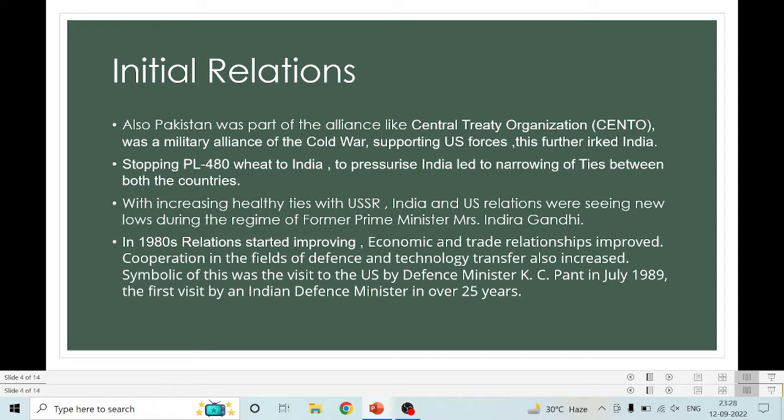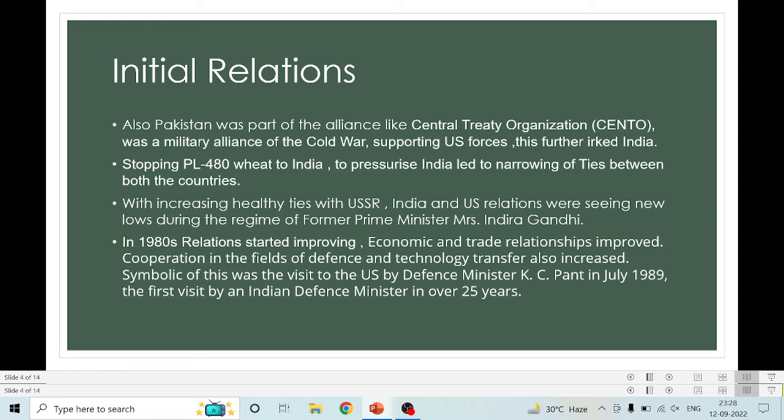More so, our own neighborhood, Pakistan, was part of Cold War politics, and they were part of alliances like CENTO, which was a military alliance of the Cold War supporting US forces. So this was something which was also an irritant because USA was directly supporting Pakistan's interest at that point of time.